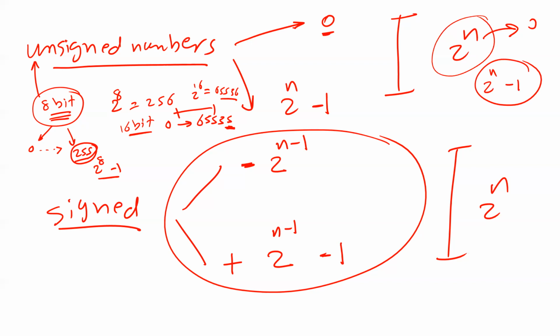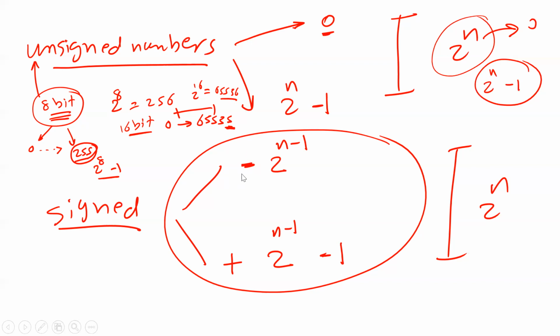You will see now, if you have a signed number, the whole space is 2 to the power n. We're not going to change the space. It's the same space, but instead of going all the way in the positive, I'm going to have positive and negative.